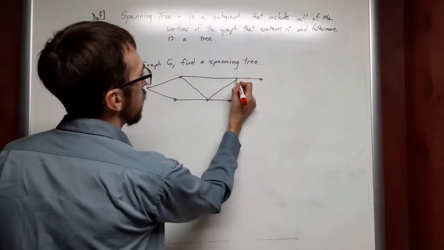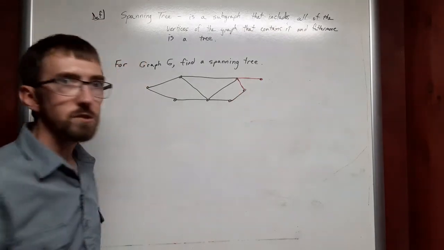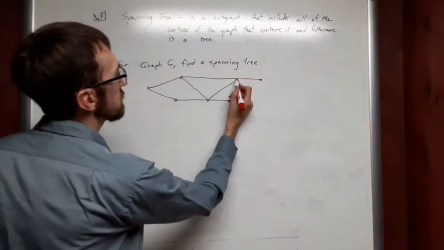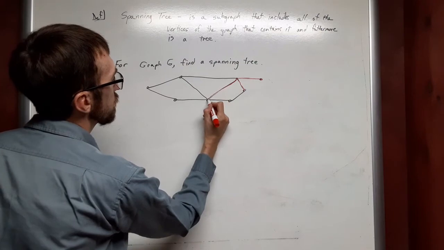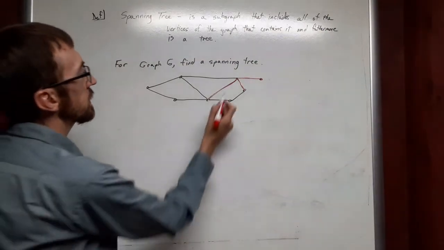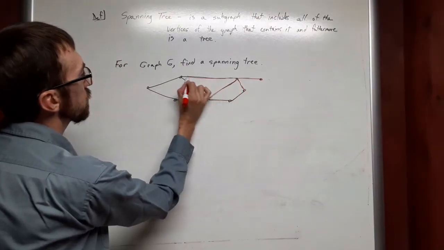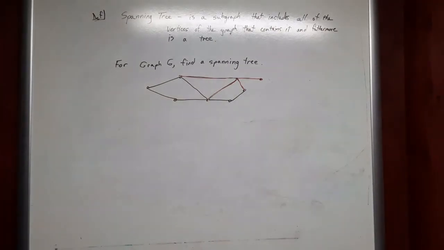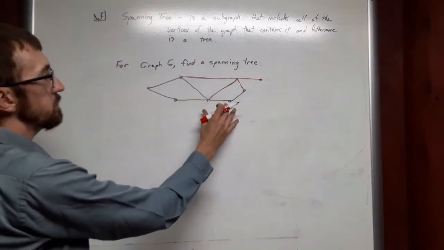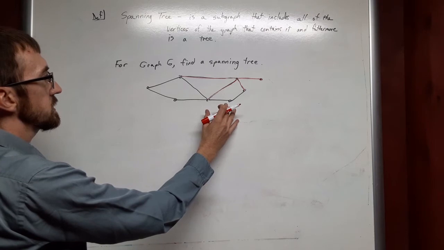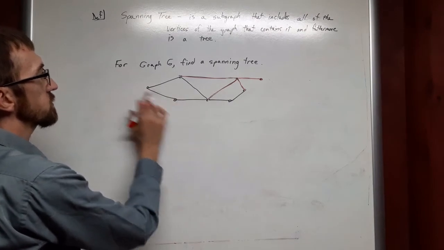So I'm going to need to come back here to grab this vertex. I'm going to need to move forward to grab this vertex, and I'm going to need to move forward to grab this vertex. Now, I missed this vertex. I haven't gotten this one or this one yet.